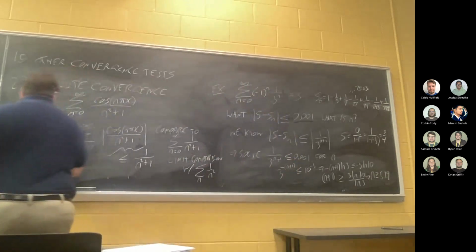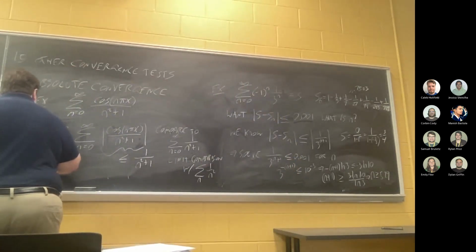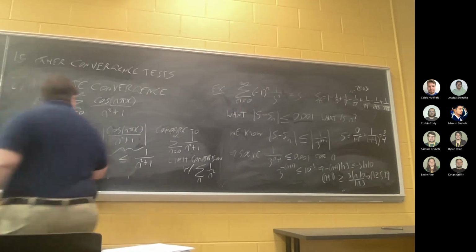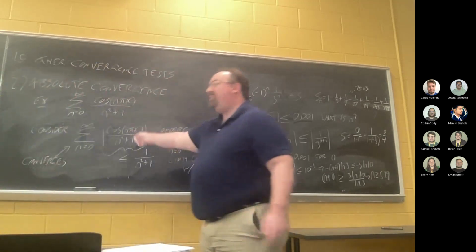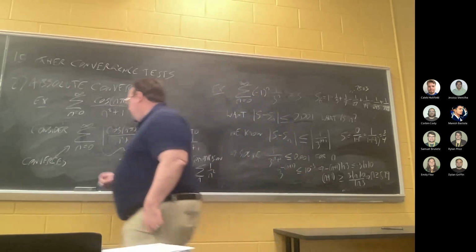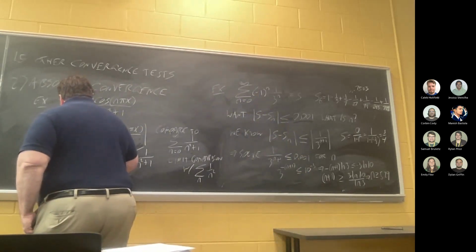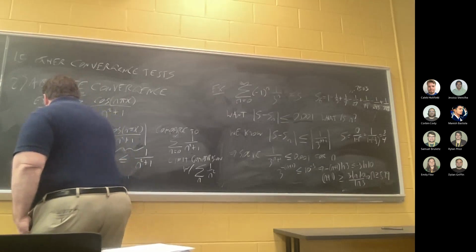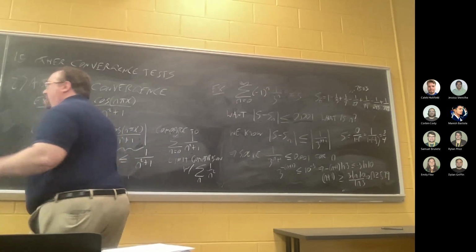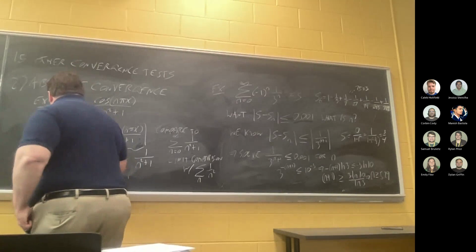So this series converges. Also, because we examined not the original series but the absolute value, we know something more than that: it converges absolutely. That's not just convergent, it's absolute.